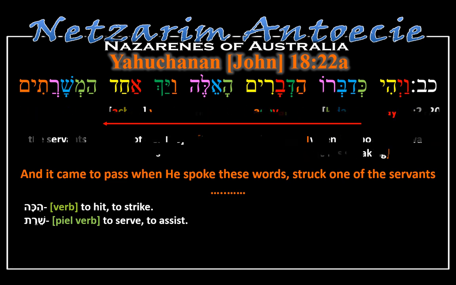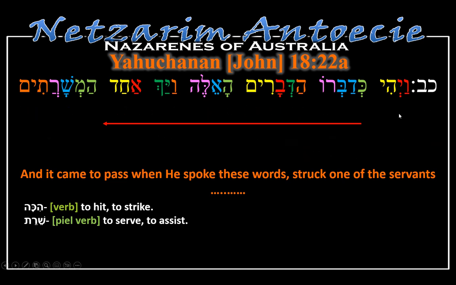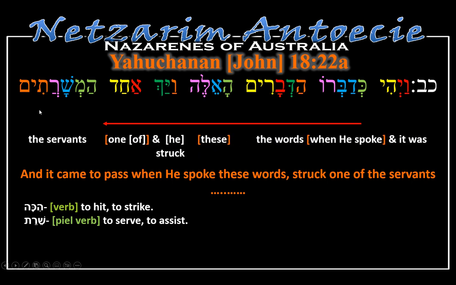Right, now we can read that one. Vahi kedab ro ha-davarim ha-ele. Vayak achad ham sharatim. And the translation, and it was, when he spoke the words these, and he struck one of the servants.